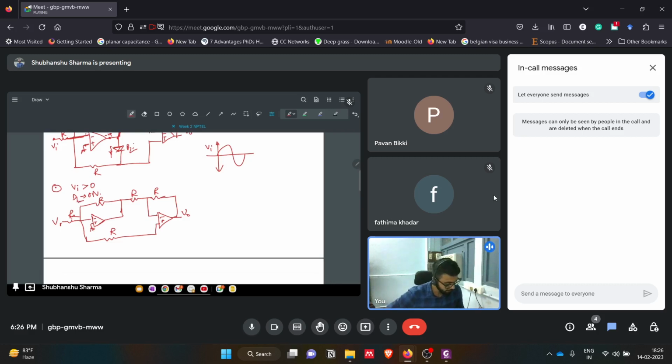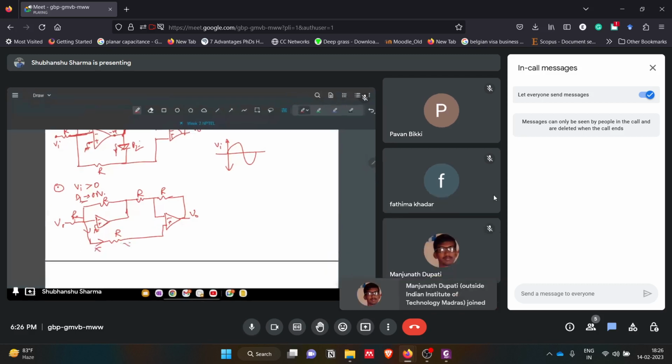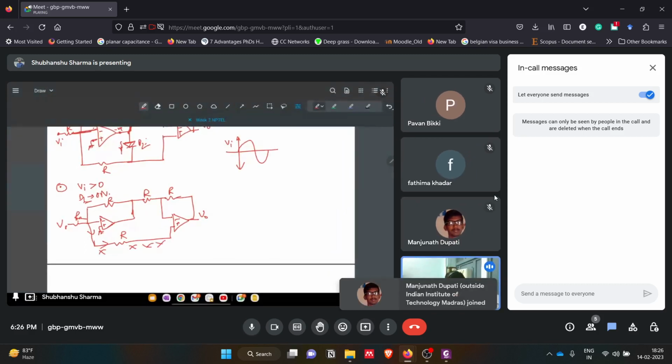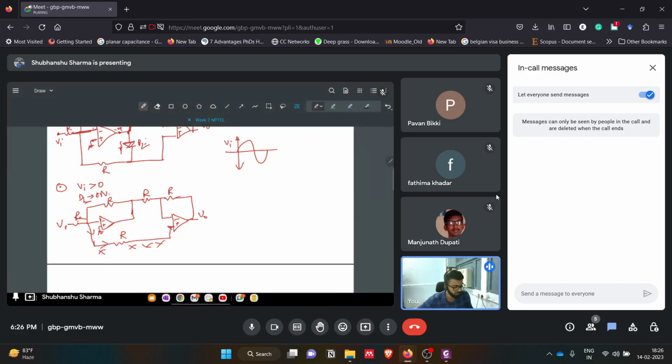Current cannot go through this path because the op amp input side provides very high, effectively infinite input impedance. So we could just remove this, or we will simply keep it like that. Only the upper part is there.